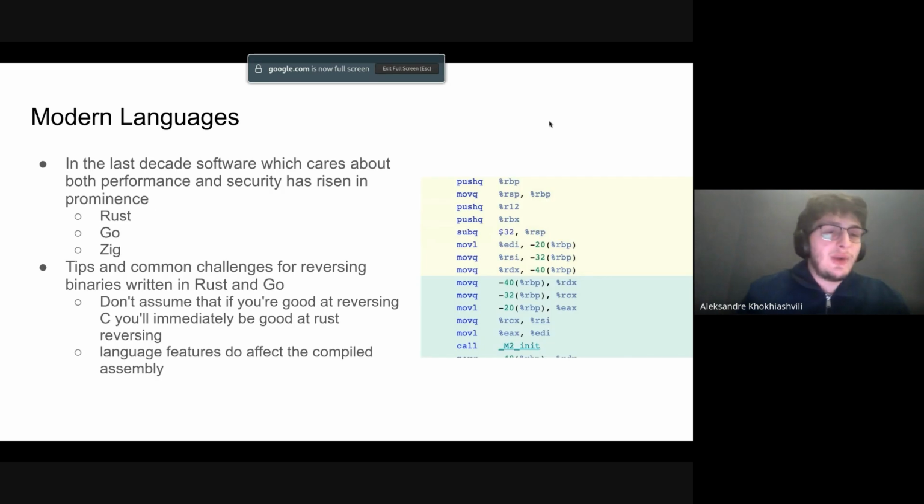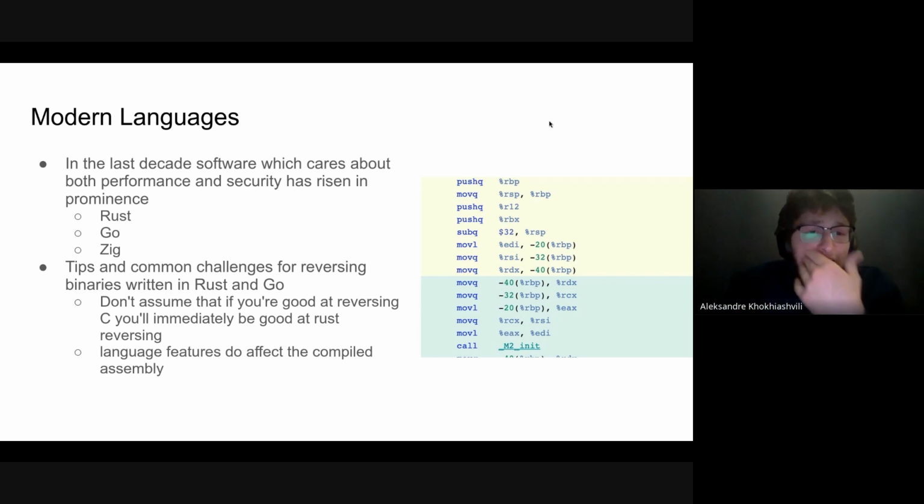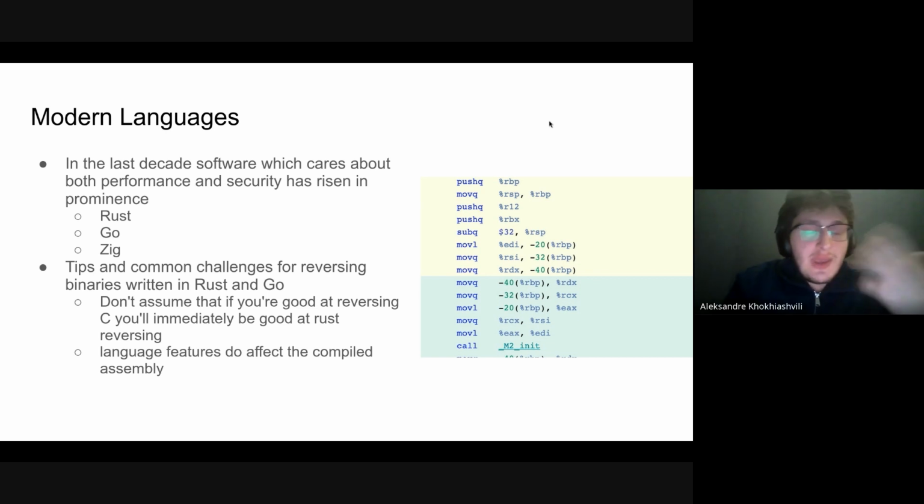I'll take questions about this at the end, and now I'll continue a bit talking about other challenges, which specifically now I'm going to talk about binaries written in modern languages. In the last decade, we know that many companies and developers started caring about both performance and security.